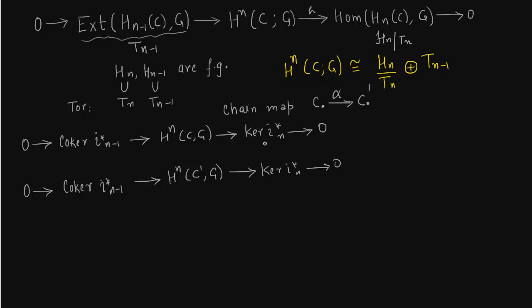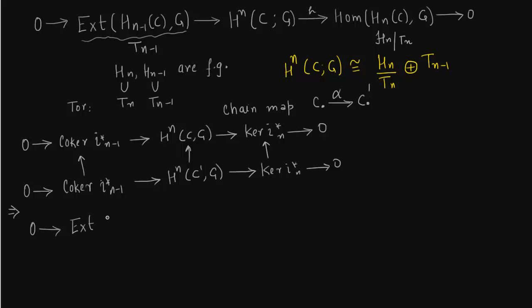Now let us draw the natural maps which come from alpha. Again this is nothing but the naturality condition. You just have taken the long exact sequences associated with two chains and then constructed natural maps between them, and then you have broken them into short exact sequences.